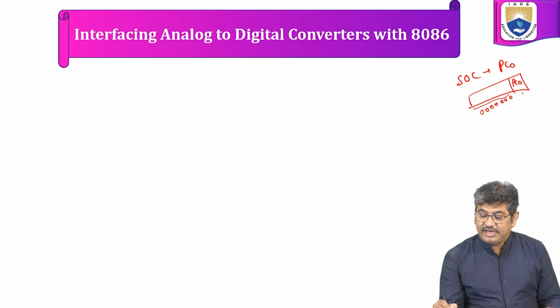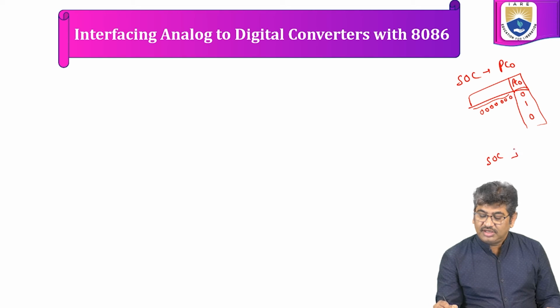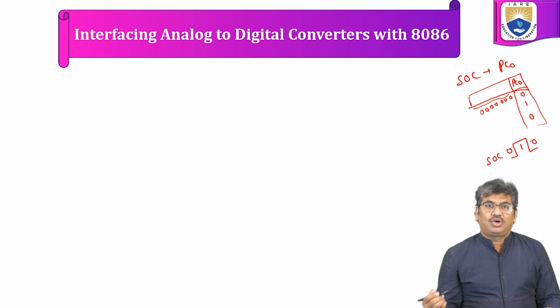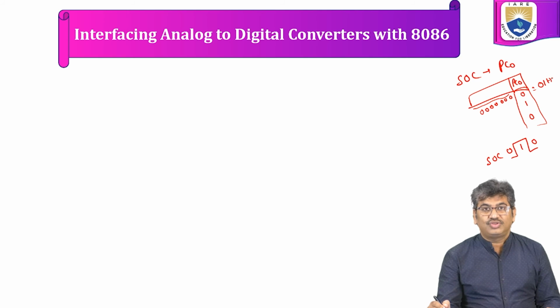So here I'll send PC0 as 0, then 1, then 0. This 3-bit pattern generates the SOC pulse 0, 1, 0 for start of conversion by the ADC.